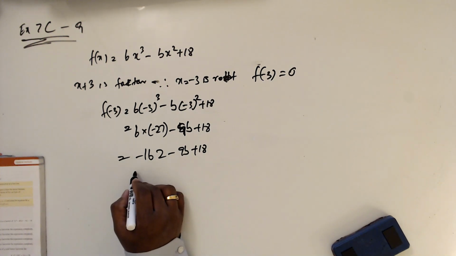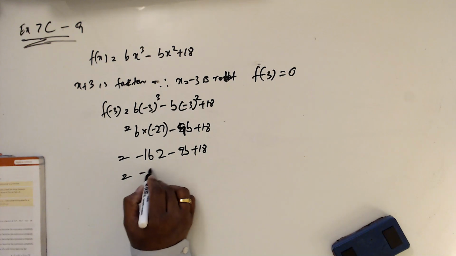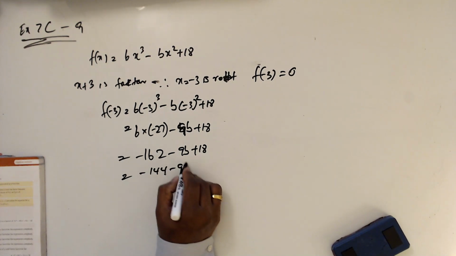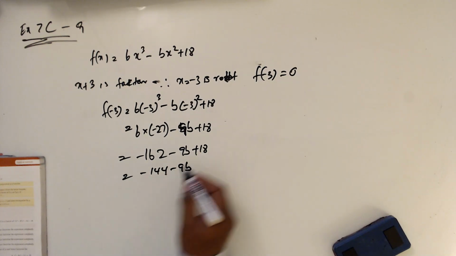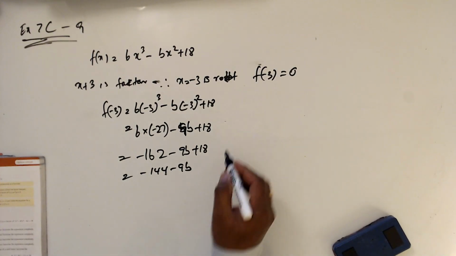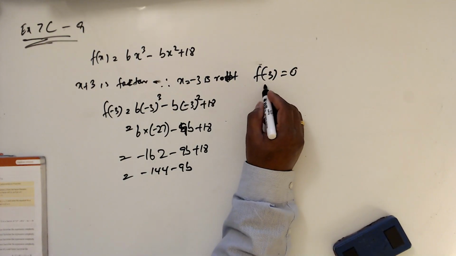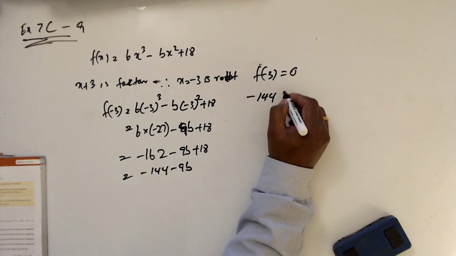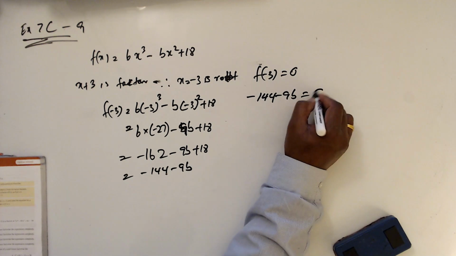So minus 144 minus 9b equals 0, since f(minus 3) must be 0.